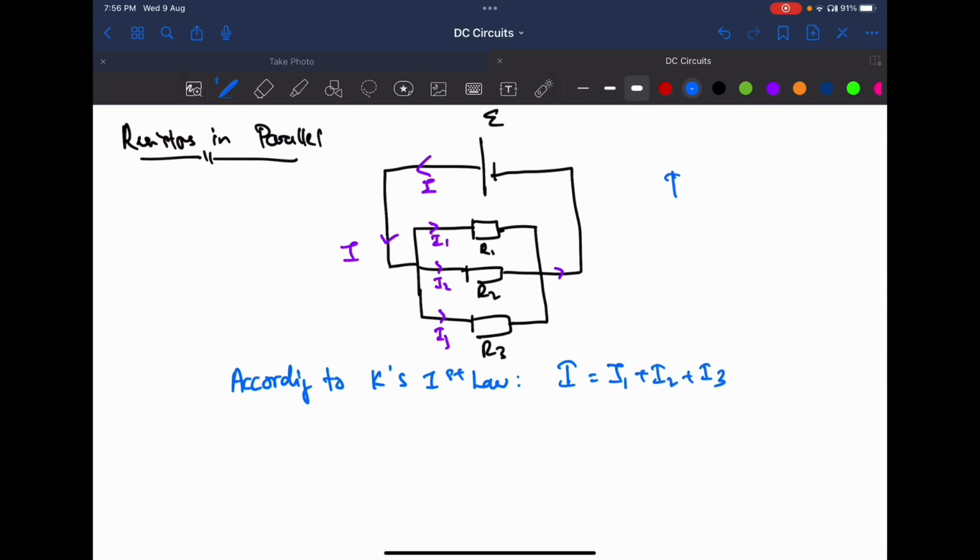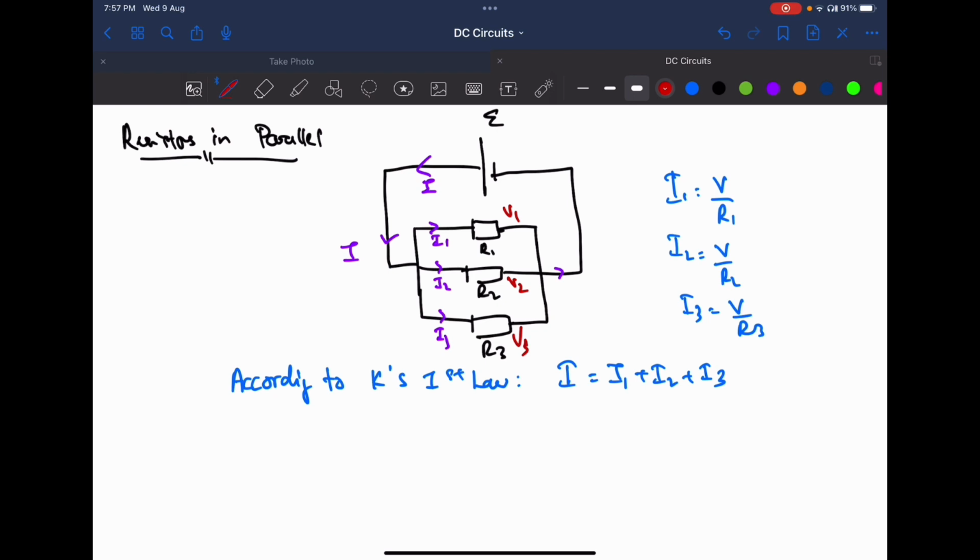But what is I? I1 is V over R1, I2 equals V over R2, I3 is V over R3. The potential difference across these is V1, V2, and V3, and they are all the same.